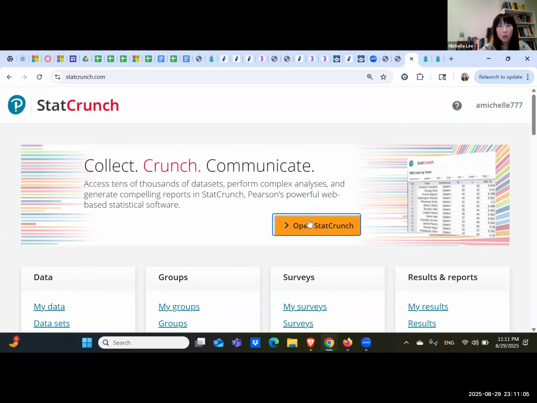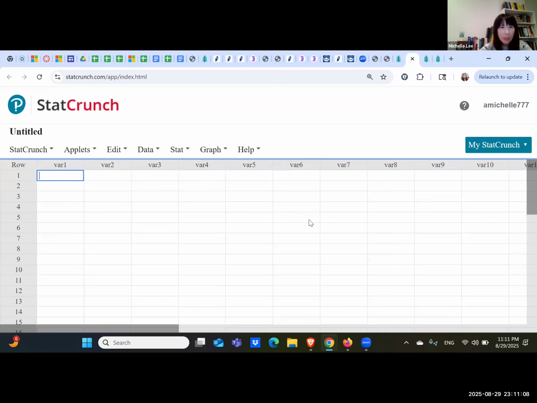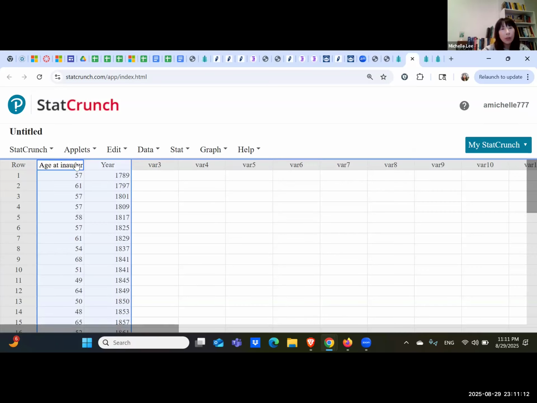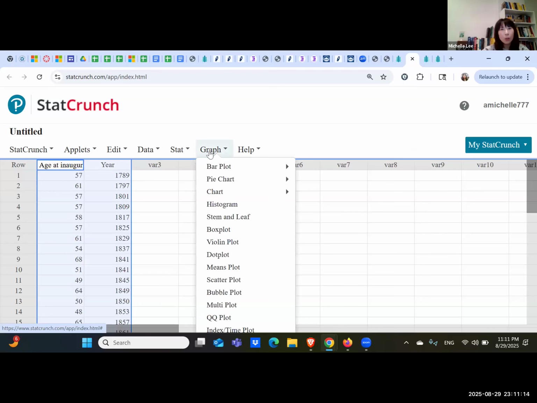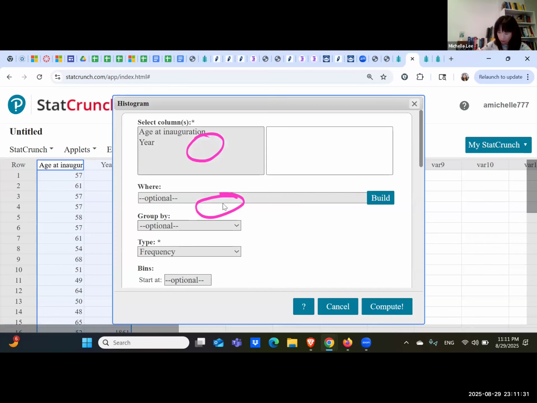Let me make it this way, more quicker. So put here, right? Now we're going to graph, and there is a histogram. Graph, histogram, right? Click that.